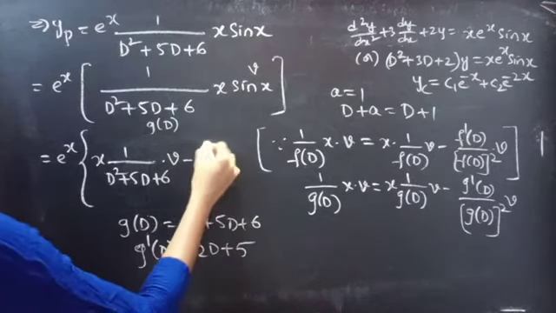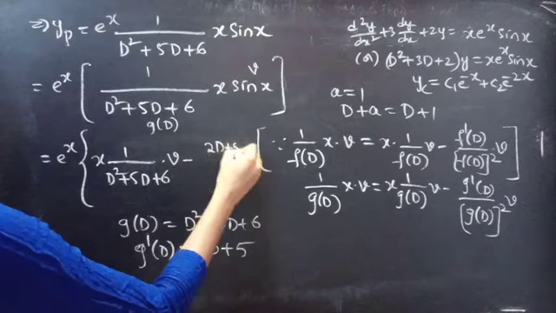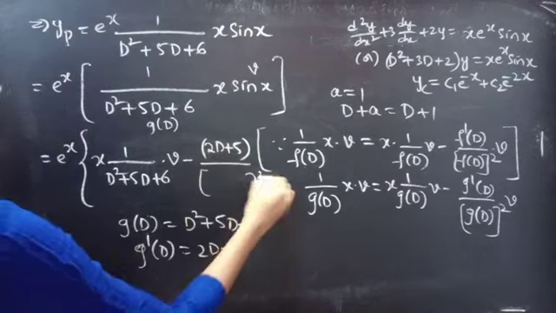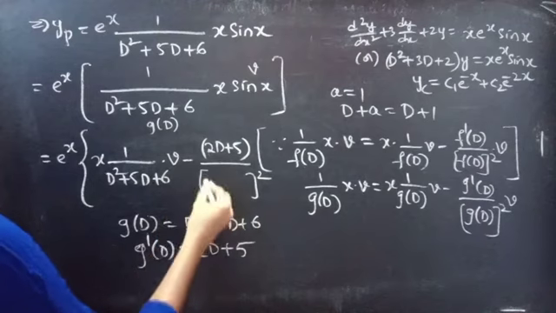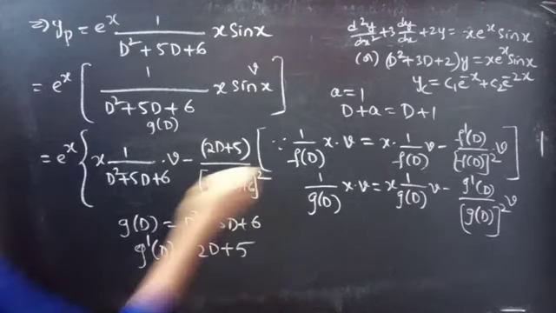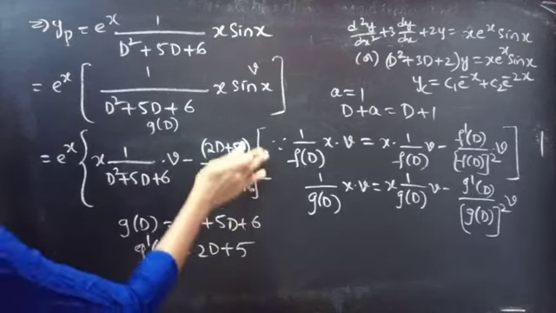So right here, derivative of function of D by g of D whole square, that is D square plus 5D plus 6 whole square, into v.